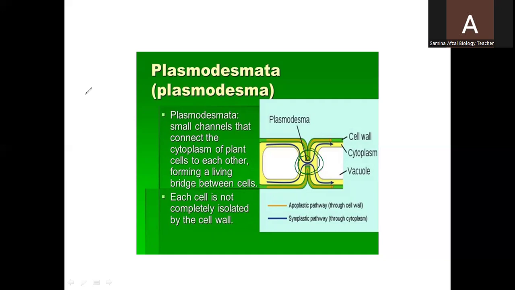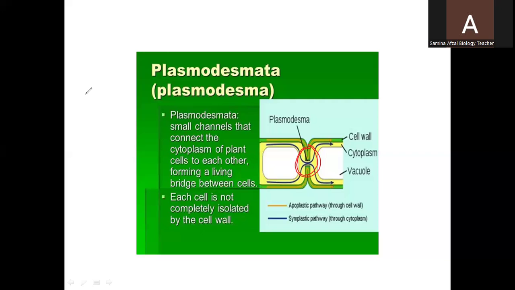Here I would like to show it with a different color. This one is the plasmodesmata. Plasmodesmata are the small channels which connect the cytoplasm of plant cells to each other, forming a living bridge.